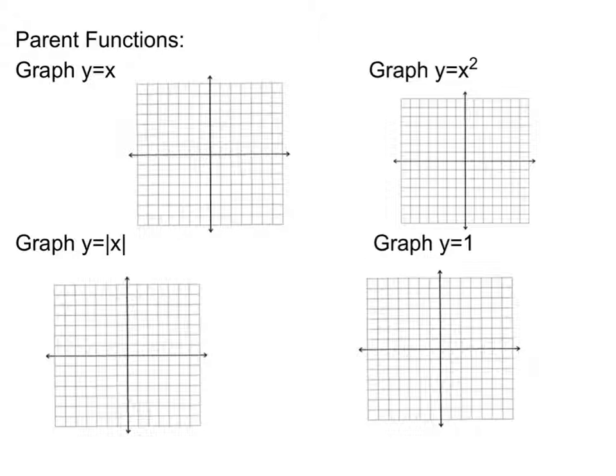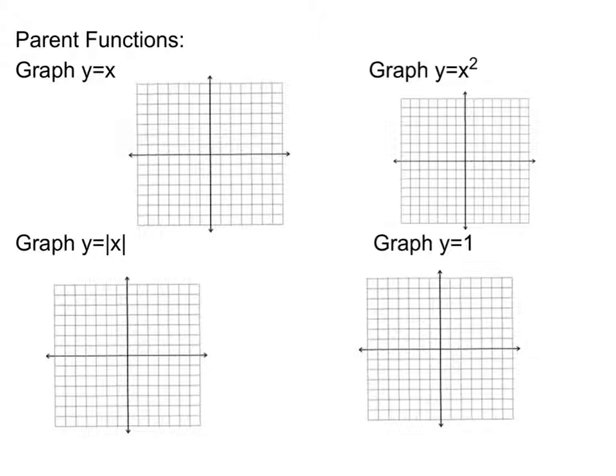Okay, the graph y equals x. Well, if I was making a table, if I plugged in a -5, I get -5. So points would be -5, -5; -4, -4; -2, -2; 0, 0; 2, 2; 4, 4. They all match.